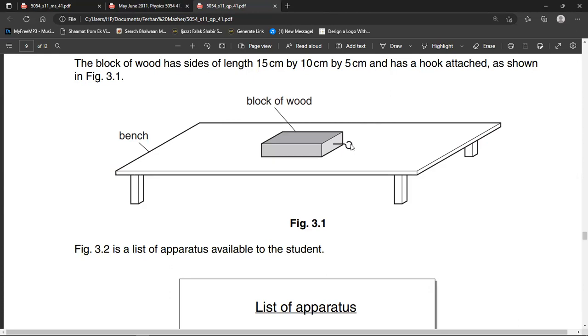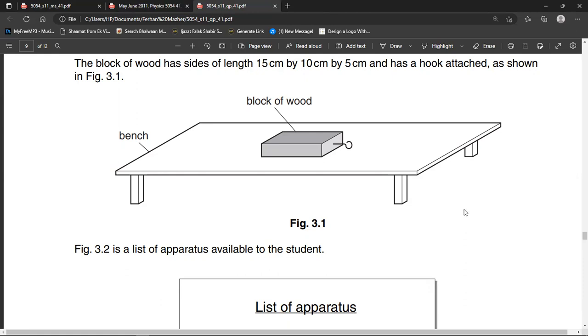I will attach the string here, then I will attach a Newton meter with that string. I will put a pulley here, and over that pulley the string will go down. And here I will put a hook, and on that hook I will put mass, load, weights.